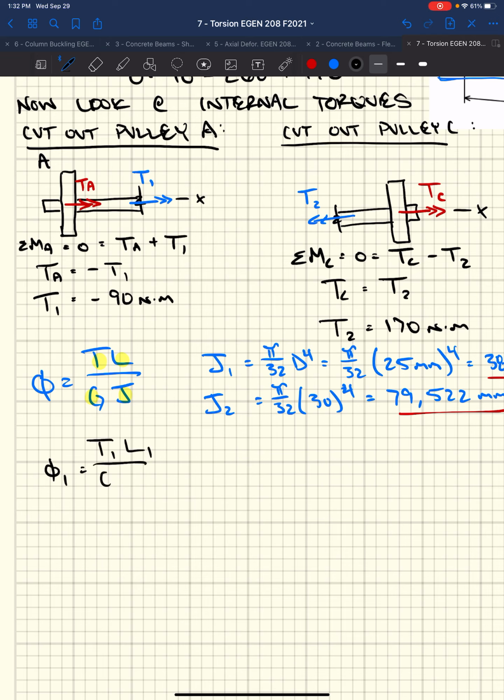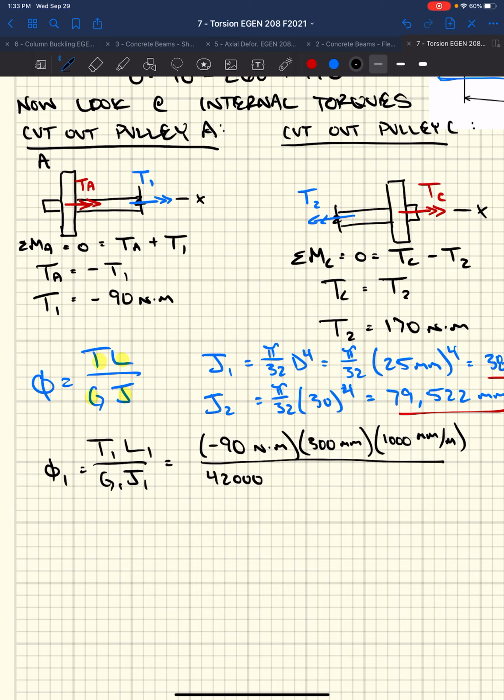T1, L1, G1, J1. This is where units become incredibly important. This should be 42,000 newtons per millimeter squared, that's 42 gigapascals.